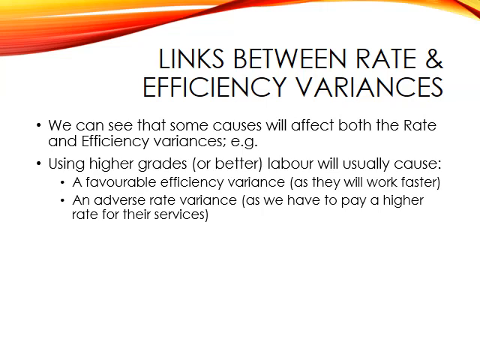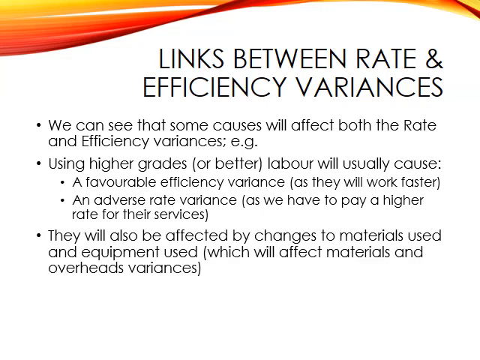If we're using, say, a higher grade of labour, we'll probably see a favourable efficiency variance, since more skilled labour should be able to do the work more quickly. But we'll also see an adverse rate variance, seeing as though higher grade labour is going to cost more. So we'll typically see a trade-off between those two types of variances based on just the single cause.